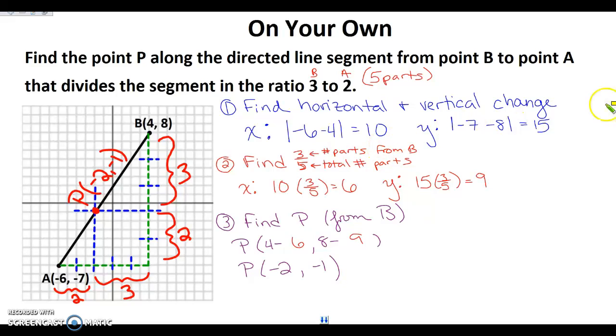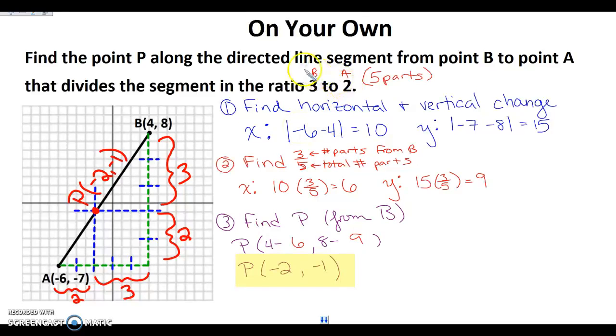Okay, so go ahead and check your answer here. You should have gotten -2, -1. A common mistake is to get 2, 5 because instead of multiplying by 3/5, you only multiplied by 1/5. We don't do 1/5 because then that would be a ratio of 1 to 4. And we would have 1 part and then 4 parts on the other side.